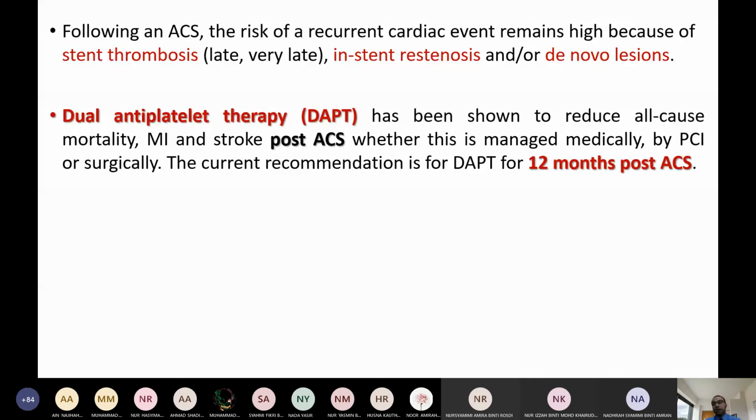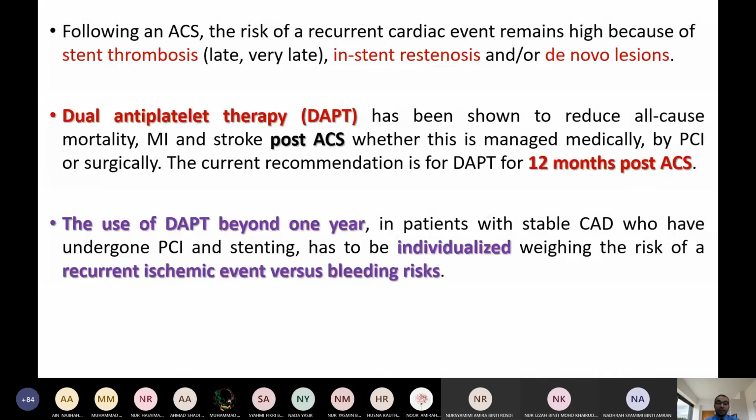If ACS, to decrease the very high risk of developing recurrent cardiovascular events, those patients can have dual antiplatelet therapy, usually aspirin and clopidogrel, for example, for the following 12 months, the one year post ACS. Some of you may ask, okay, after 12 months, what will happen? Just stop or go back to monotherapy?